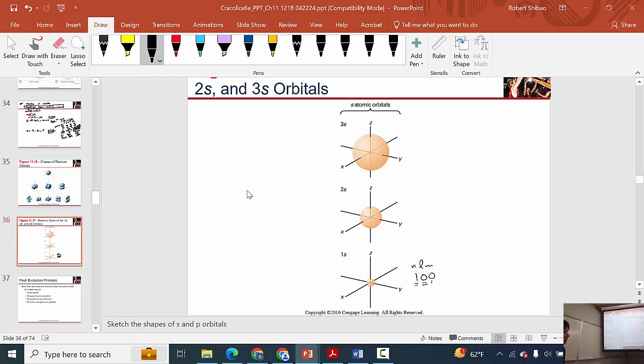That's the 0 here. The next one is a 2, 0, 0, and finally up here is the 3, 0, 0. This is 3s, this is 2s, and this would be 1s.